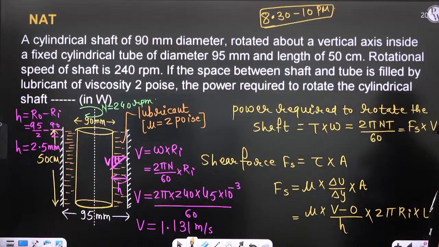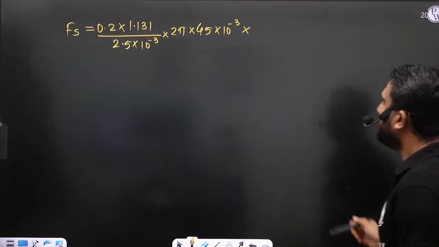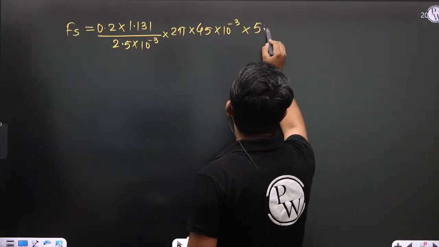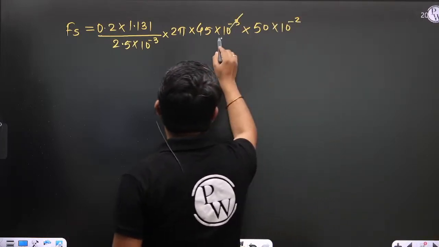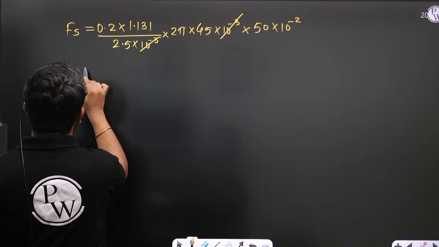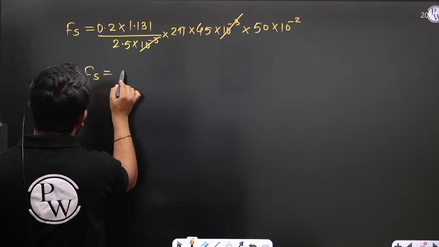L is 50 centimeter, so this is 50 multiplied by 10 to the power minus 2. The 10 to the power minus 3 cancels out. So calculate shear force from here.